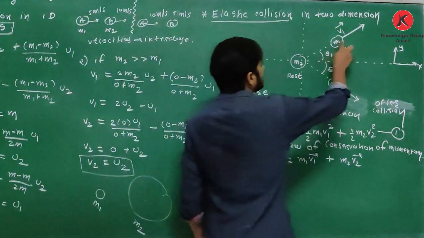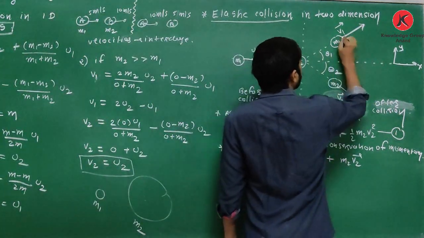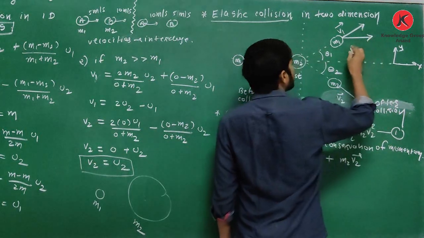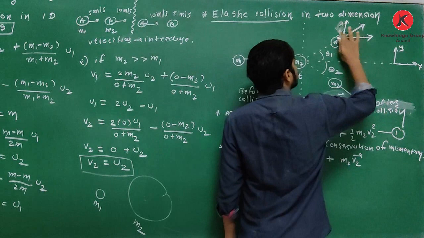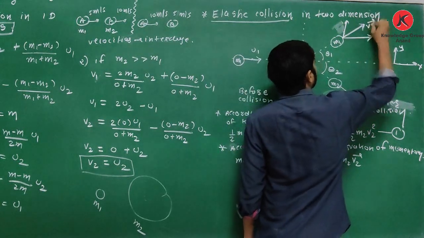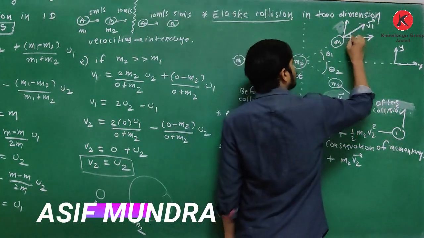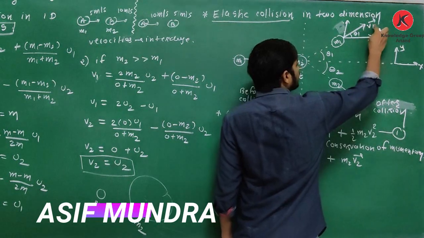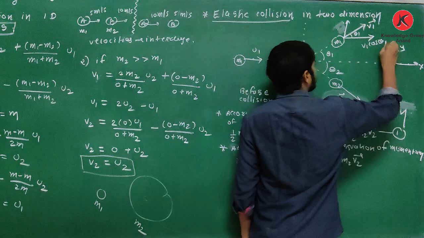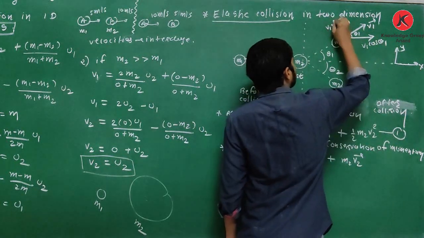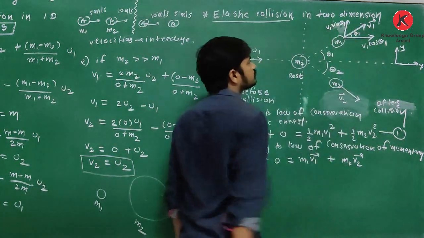v1 is in this direction, so its two components I can draw like this: one in the horizontal direction and one in the vertical direction. This angle is theta 1, so obviously this angle is also theta 1. So the horizontal component is v1 cos theta 1, and the vertical component is v1 sin theta 1.